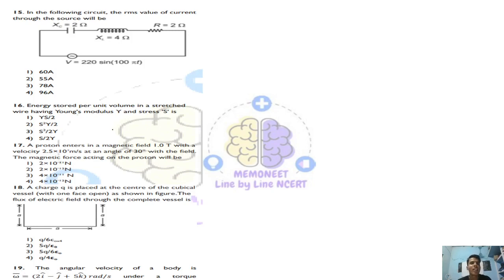Okay, again it is a question on AC current, or rather the concept is asked here. In the following circuit, the concept of RMS value of current has been asked. Okay, it's a basic concept question. You know that IRMS is equal to VRMS upon Z. Now you need to calculate Z first.